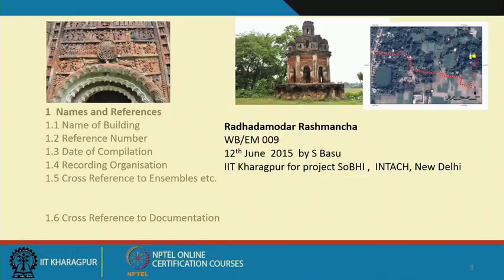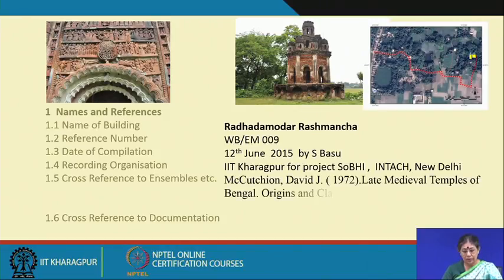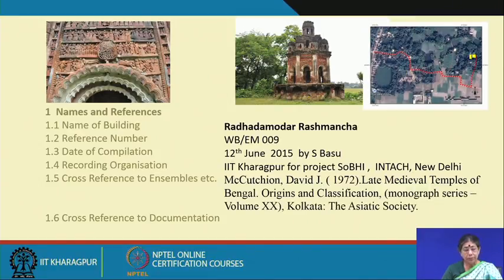Whoever the organization is, how it is done has to be put down. Then there is the cross reference to ensemble. While doing the value and significance, we did that cross reference. There may be various documents; I am just giving an example. In this case, we basically followed David McCutcheon's book on late medieval temples of Bengal, published by the Asiatic Society, Kolkata.